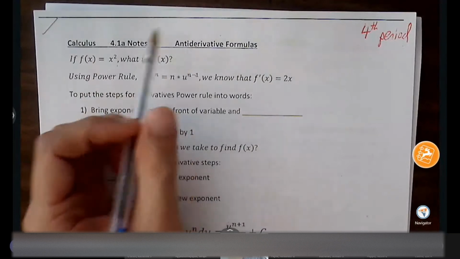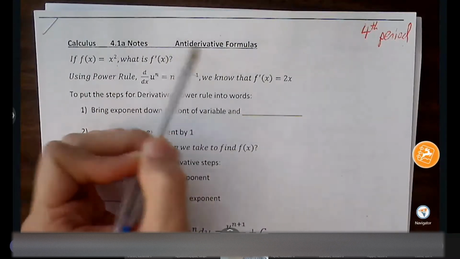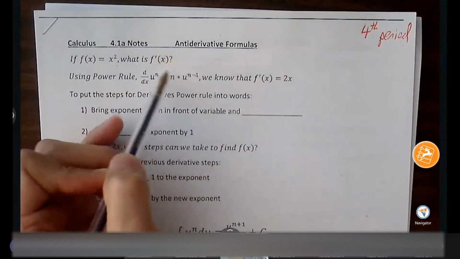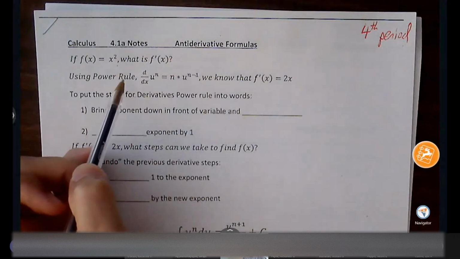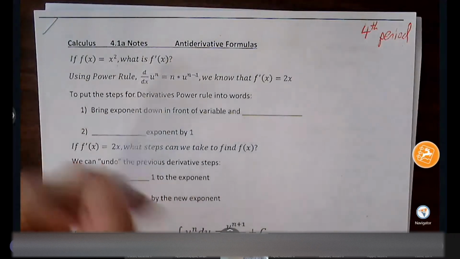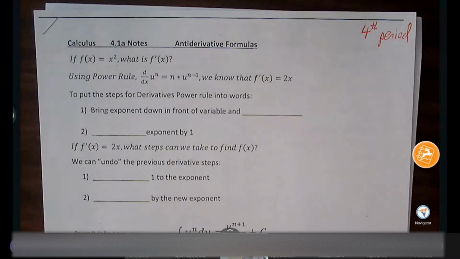First semester, we learned all about derivatives, right? Once we started derivatives, the first thing that we learned was power rule. And then we learned about all these other different derivative rules. So this semester, we're doing the antiderivative process. We're undoing these derivative rules, and we're learning how to go back to where we came from.